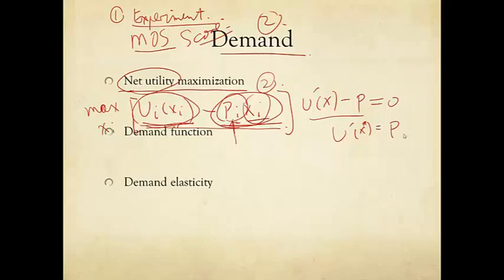If a particular x satisfies this equation, call that x star, then that is the demand induced by this price p given to me. And it turns out that utility's first derivative is an invertible and decreasing function because of our model of utility function. So x star is u prime inverse, a decreasing function of the price p. We call this u prime inverse the demand function d. So d is u prime inverse. Give me a utility function, take the derivative, invert it, and you've got the demand function.